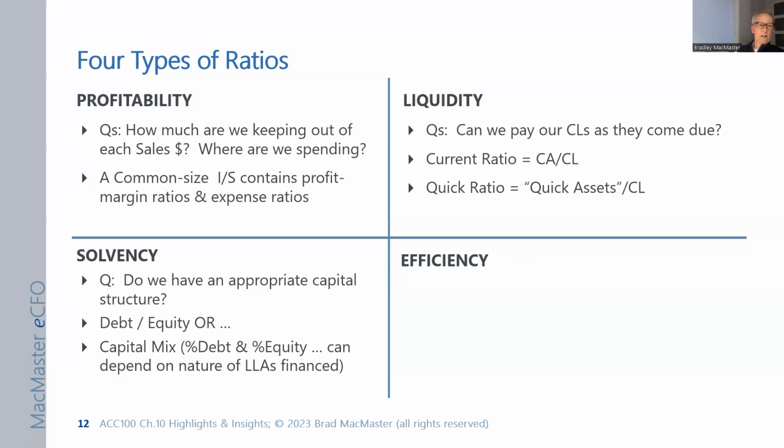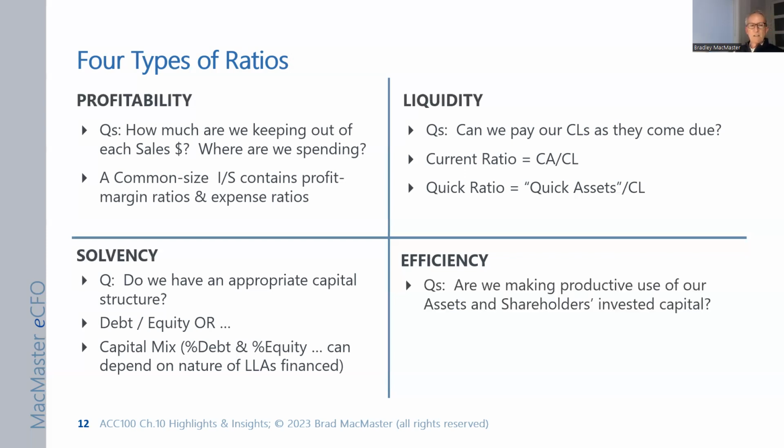And again, the appropriateness of the mix can depend on the nature of the long-lived assets that are financed and the industry that business is in. Now, lastly, when we talk about efficiency, we're trying to answer the question, are we making productive use of our assets and also the shareholders' invested capital?